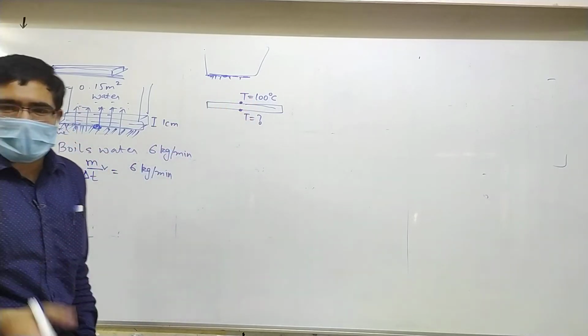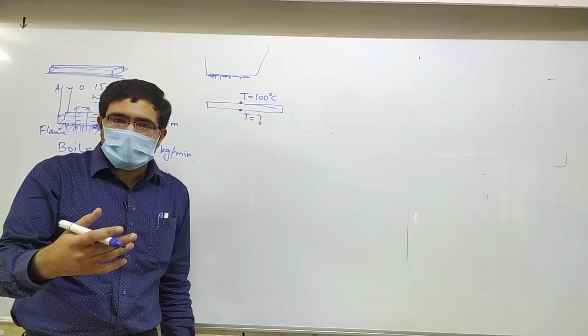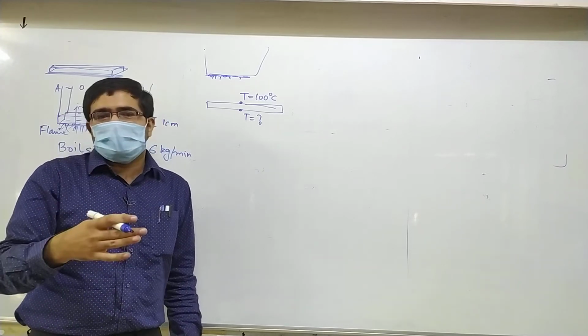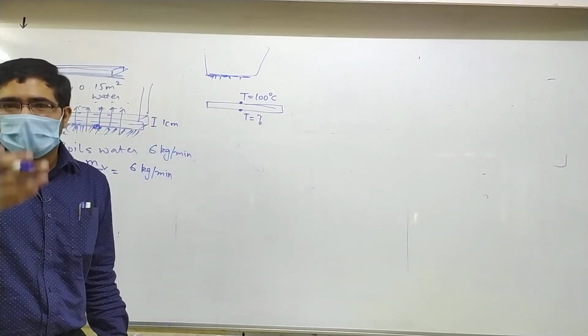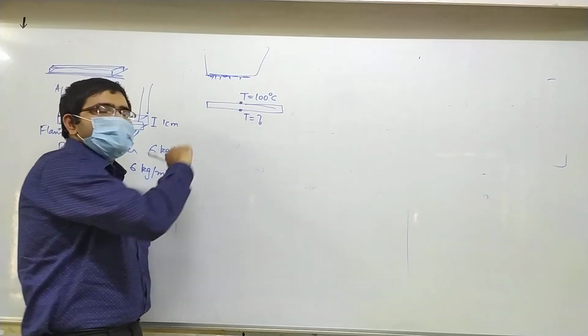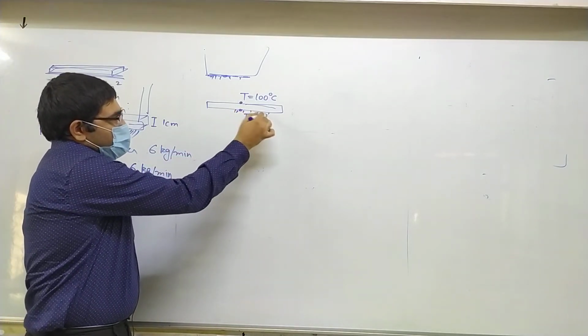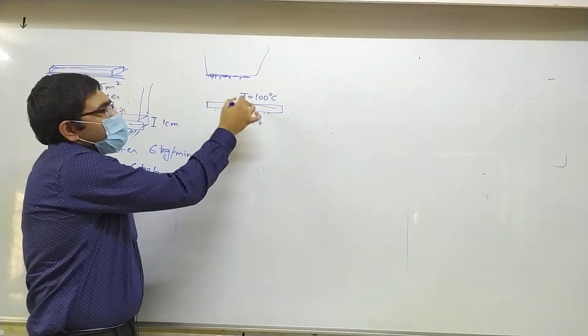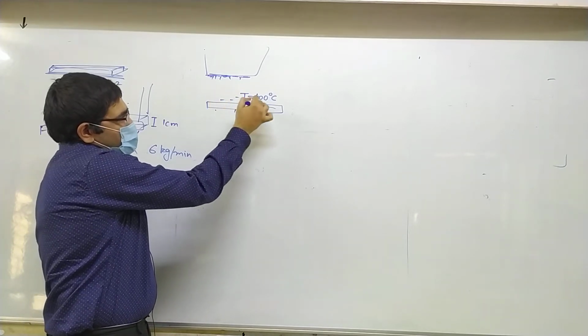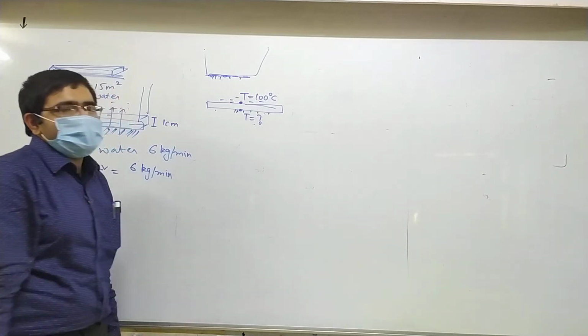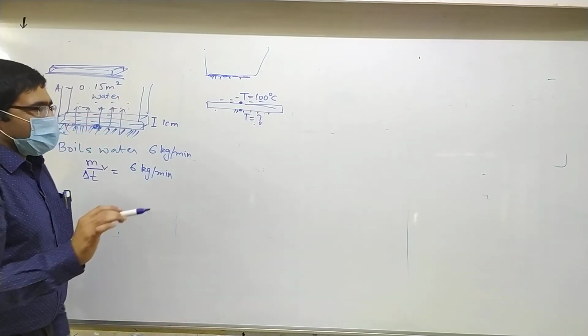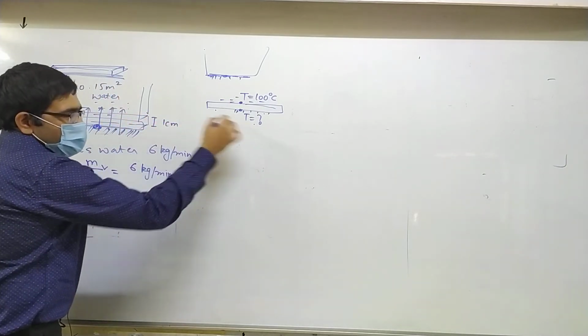As I have explained, when the state is changing, the temperature will remain constant. And when water is boiling, the temperature definitely remains 100 degrees Celsius. So this is where the flame touches the boiler. We don't know what's the temperature. And this is the upper part where there is water, and we know the temperature is 100 degrees Celsius. We want to find what's this temperature.